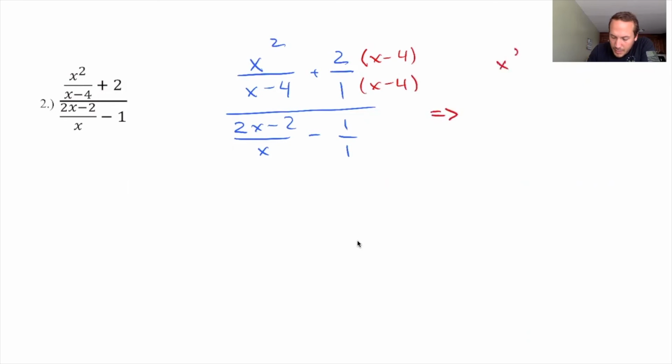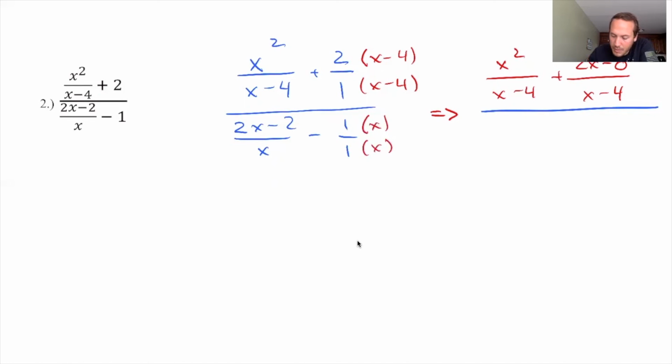Well, that's going to give me x squared over x minus 4 plus 2x minus 8 over x minus 4. We'll see what that does for us in a bit. On the bottom, what I'm going to do is I'm going to multiply this term by x over x. And again, what will that do for me? Well, that gives me 2x minus 2 over x minus x over x.